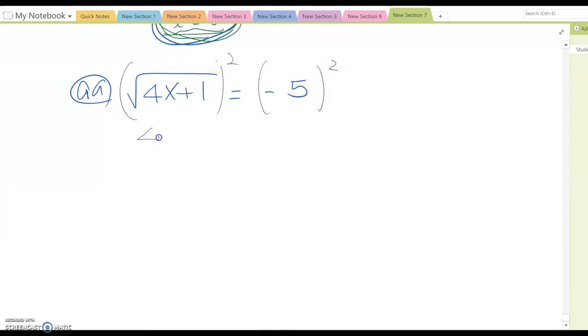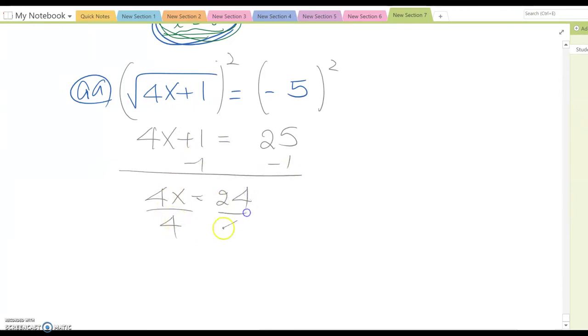Then 4x plus 1 equal to 25, and then you subtract 1 from both sides. So 4x equal to 24, so divide by 4, so x equal 6. Before you circle that as the answer, you must check.